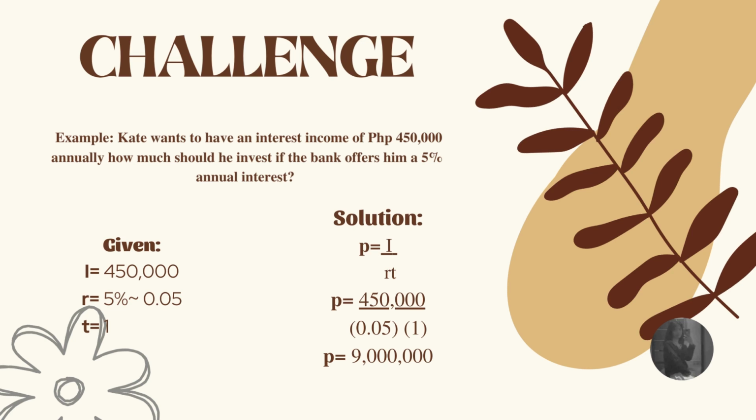So, i-jot down mo lang sila. And then, interest, just like nakalagay sa given, 450,000 divided by 0.05 and 1, which is the time.